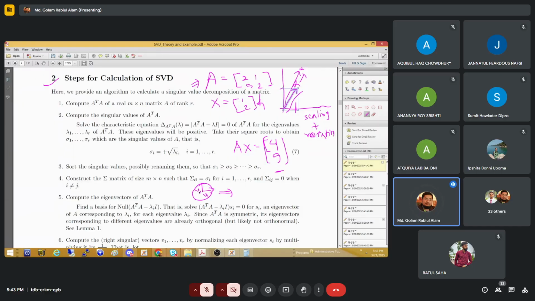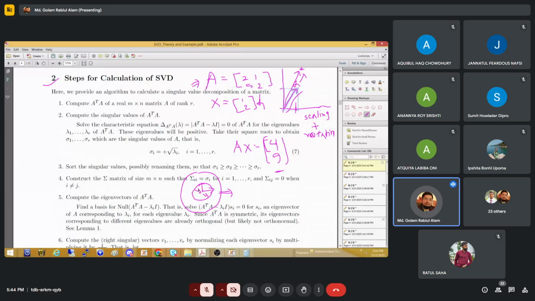At first it will scale, so it will be large in size like this. The scaling may not be the same size; different vectors may have different types of scaling.